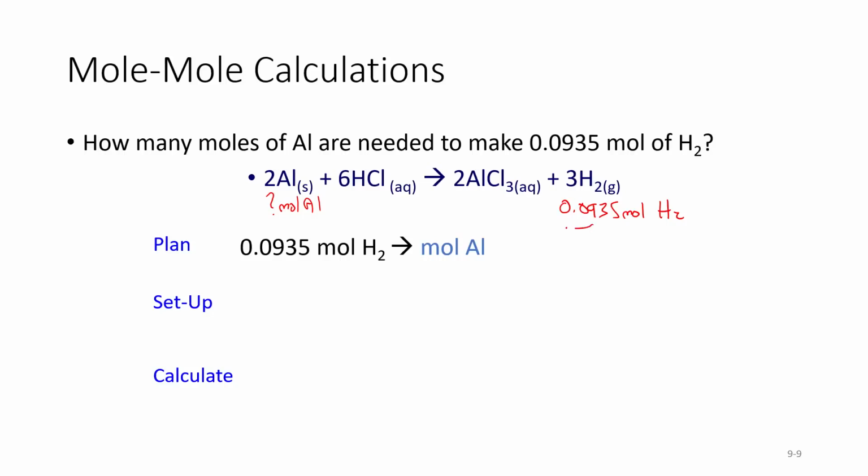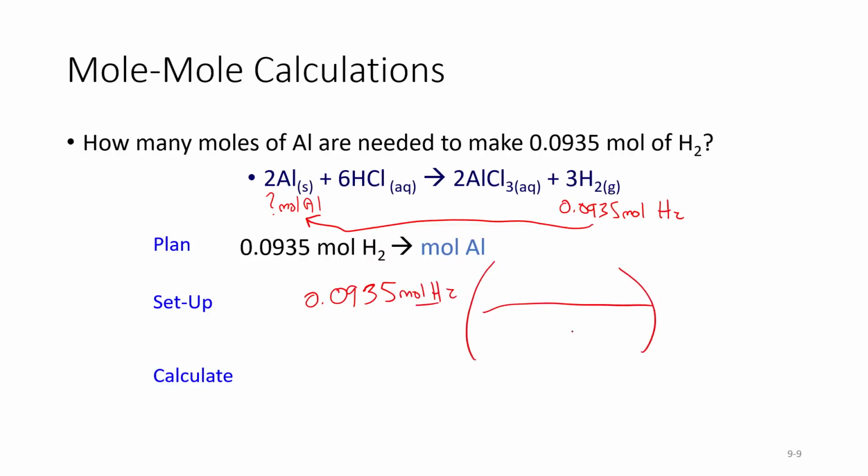So we're going from this to here. So we're going 0.0935 moles of H2. Since moles is on the top, we're going to put moles on the bottom. And then we're converting to moles of Al.